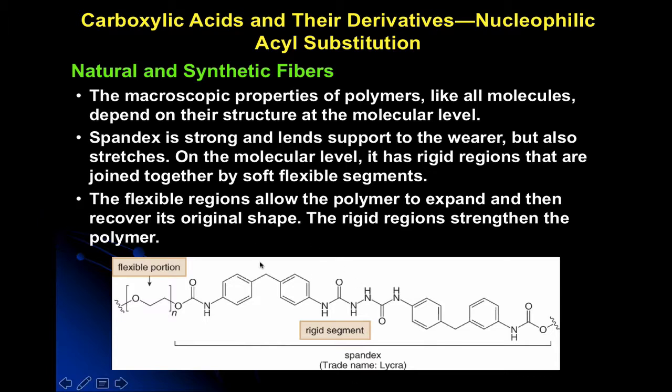This molecule is Lycra, also known as spandex. So spandex isn't as popular today as it used to be, thank goodness. But you can see in the functional groups, you have very similar things to what we've been talking about, carboxylic acid derivatives. And so spandex actually has two regions. It has a rigid region, or rigid segment as they call it here, that kind of holds its shape, and then they have a flexible portion.